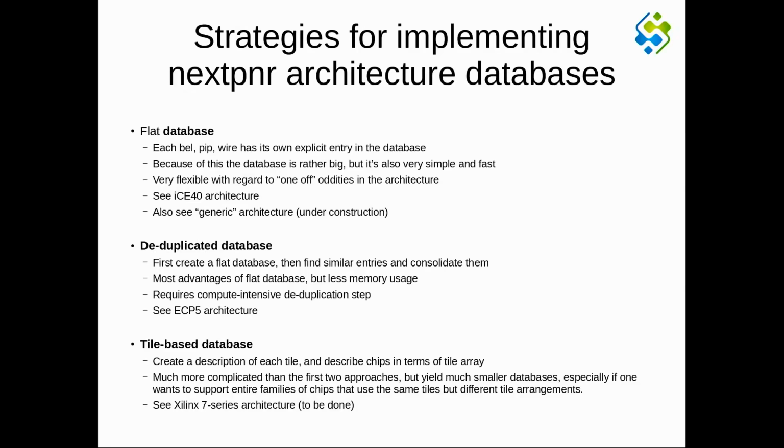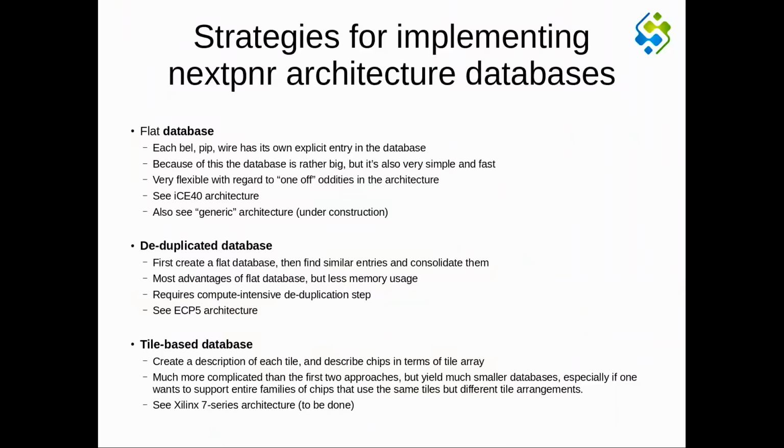But it also means if my device is super irregular, then we can also just implement it here and have a flat database for a very irregular architecture. And we use a flat database for ICE40, simply because the ICE40 chips are small enough so that it makes sense to just have a flat database. But as you can imagine, when your chip becomes larger and larger, your database becomes larger and larger. And at some point, this is not really feasible anymore.